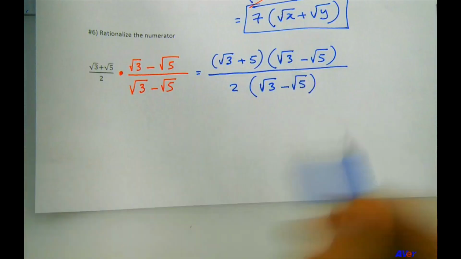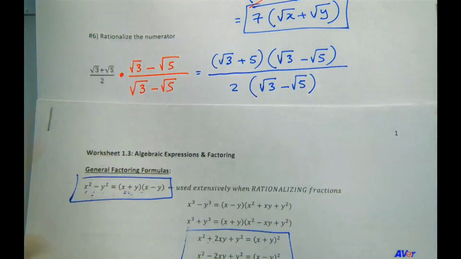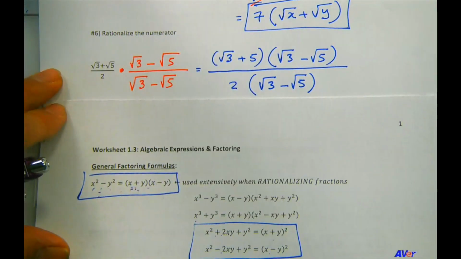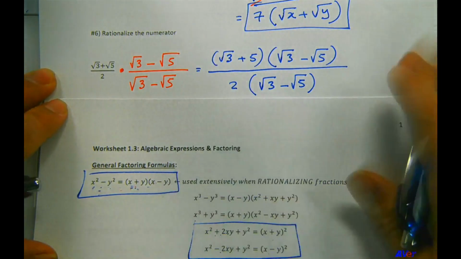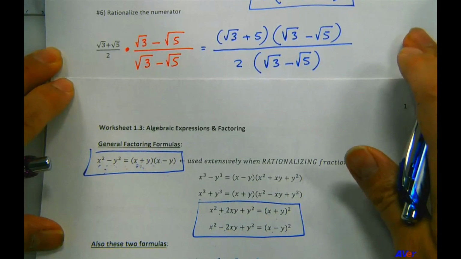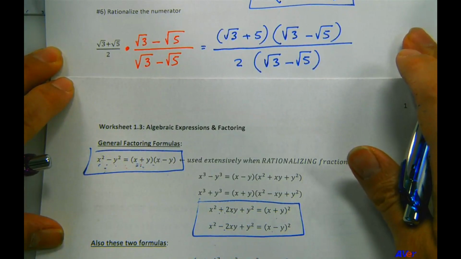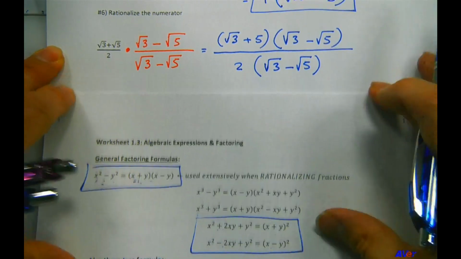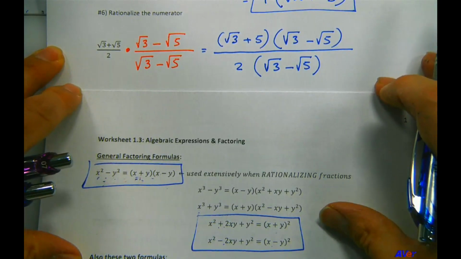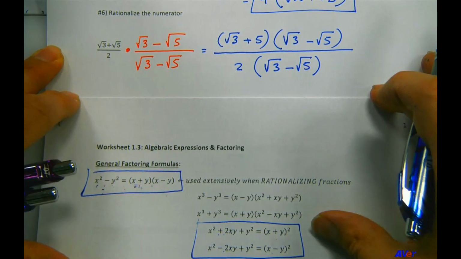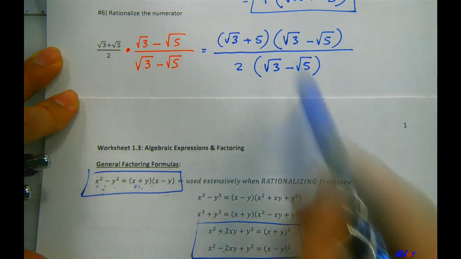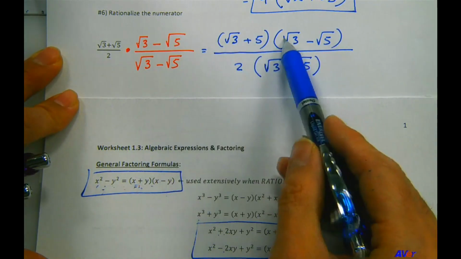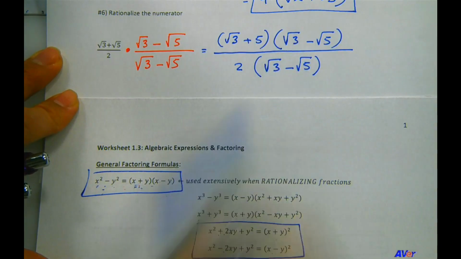Okay, so let me bring this back so you can see the connection between what we discussed in section 1.3. Compare this with what we have in the numerator. Compare the right side with that.